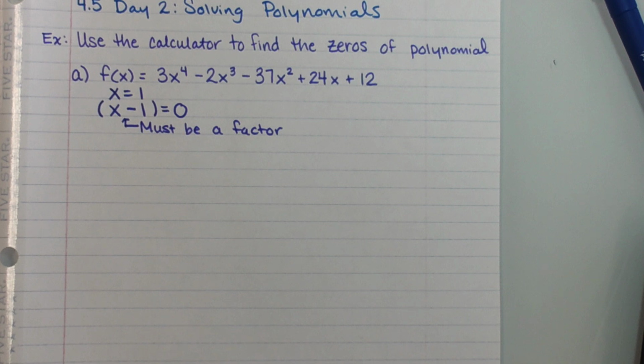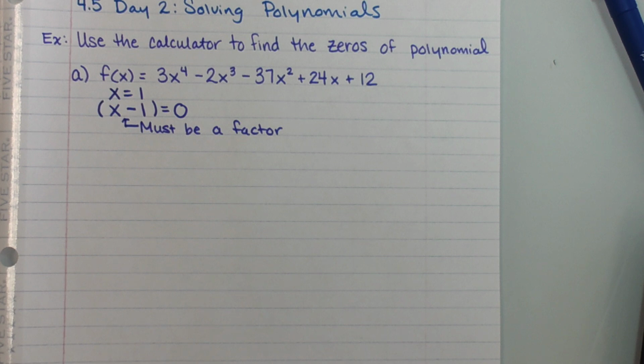Think of GCF. You're looking for the biggest thing that does what? That divides. For something to be a factor, it divides nicely out of it. And if it divides nicely out of it, you know it divides nicely out because when you divide it, it gets a remainder of 0.